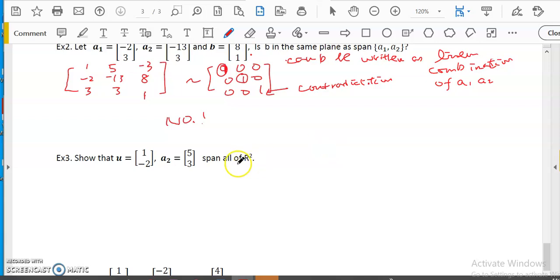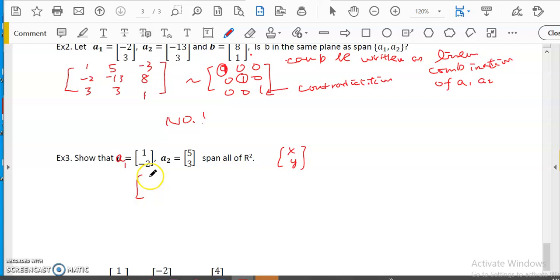The next question is, I think it should be A1. I have one vector that is 1, -2, the other vector is 5, 3. Can it span all of R2? That means if I have any x, y, can I have a linear combination that gives x, y?